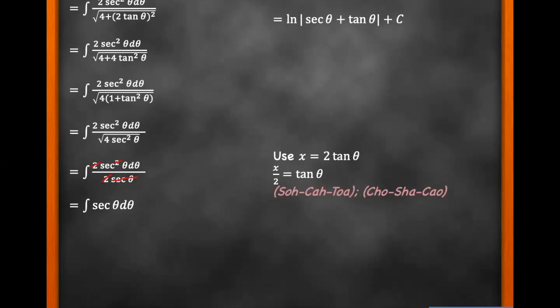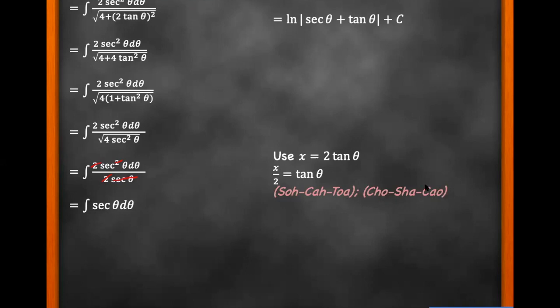But first, you need to be familiar with the principle of SOHCAHTOA. So you need to recall this. SOH means sine is equal to the opposite over the hypotenuse. CAH is cosine equal to the adjacent side over the hypotenuse. And TOA means tangent is equal to the opposite over the adjacent.